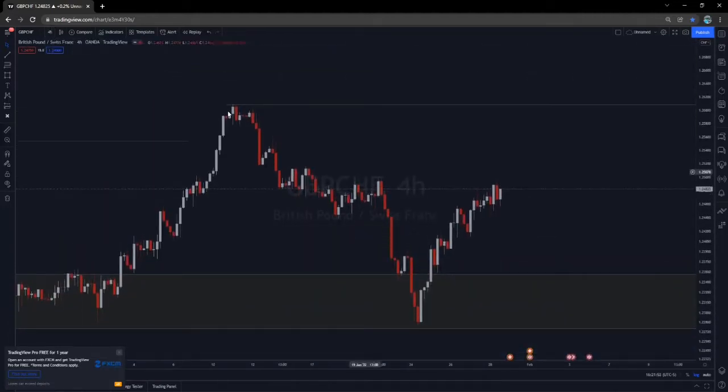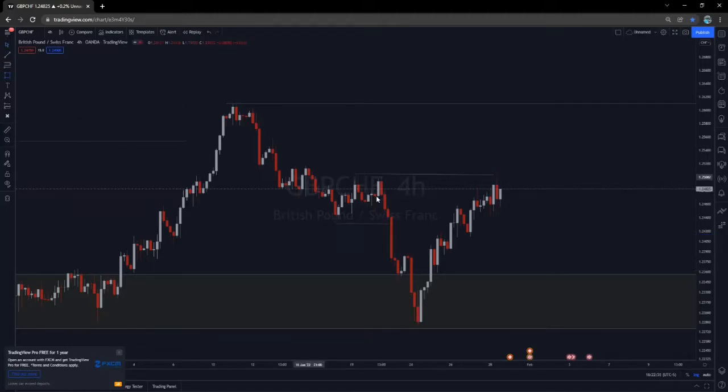All right, on the 4 hour, you can see that price is fighting to break through this area. And because the market is breaking through the structure, I'll use this area over here. So this was a swing low, and then the market came, took liquidity, and then went to the upside.